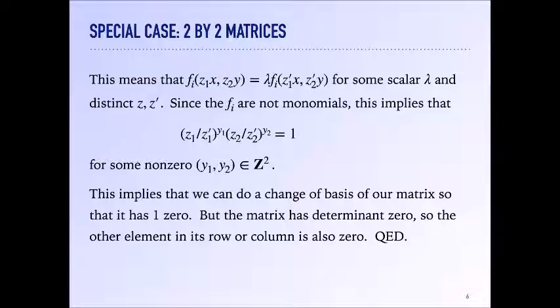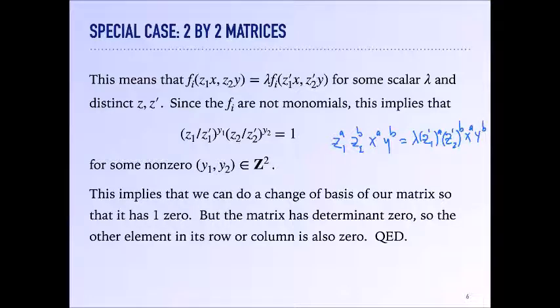But if I think of one monomial, say x to the a, y to the b, then I'm getting that z1 to the a, z2 to the b times x to the a, y to the b equals some scalar times z1 prime to the a, z2 prime to the b, x to the a, y to the b, because I have an equality of polynomials.